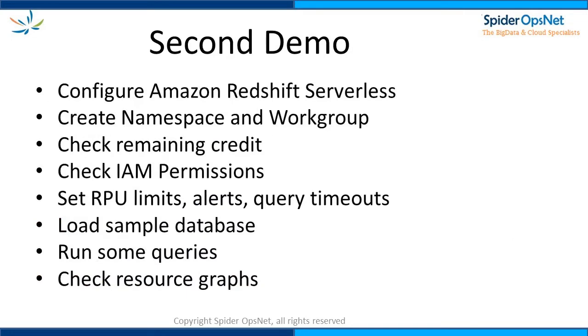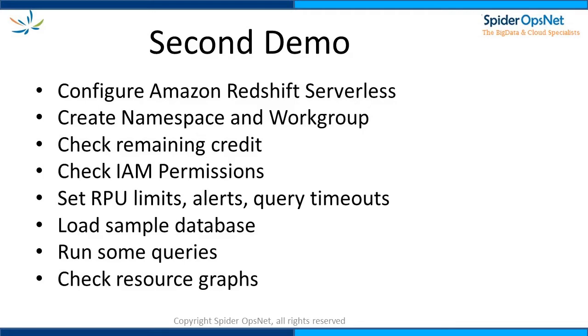In the next demo, I will show you how to configure Redshift Serverless. In the previous demo, I had used default configuration, whereas in this demo, I will use custom configuration. I will show the remaining credit out of $300, check IAM permissions, set RPU limits and alerts as well as query timeout.